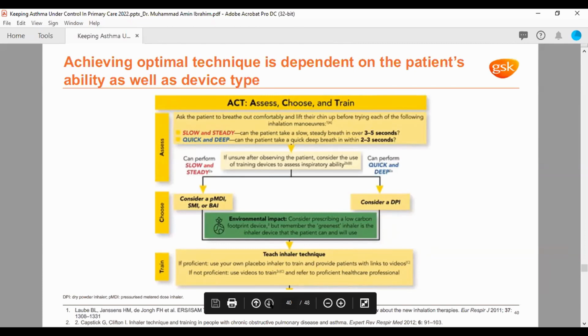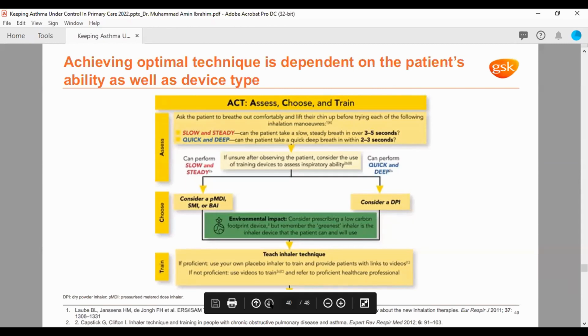So when I advise my patient for slow and steady technique, patient should inhale without any accessory muscle. So your sternocleidomastoid muscle, your intercostal should not be used in slow and steady breathing. But for quick and deep breathing, the accessory muscle should be used during the inhalation.